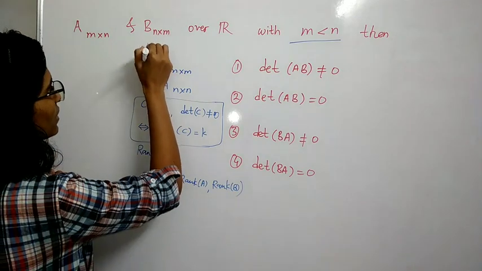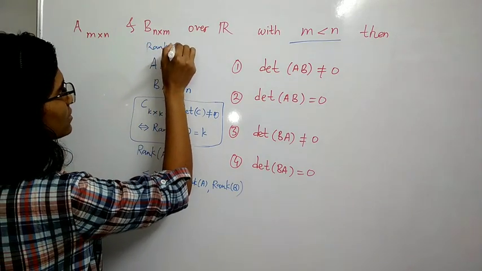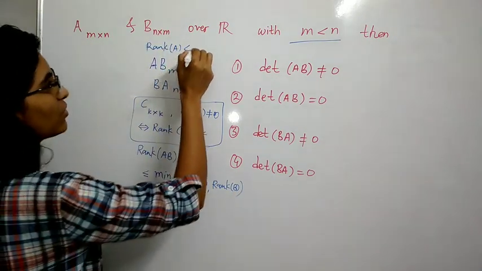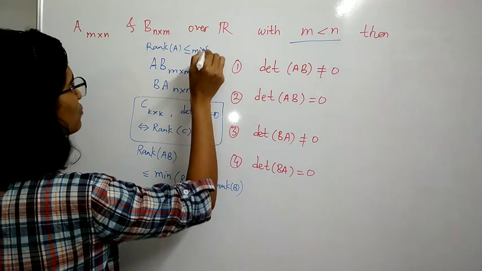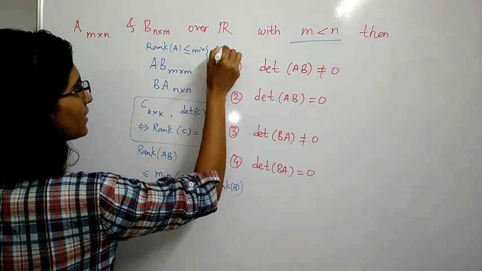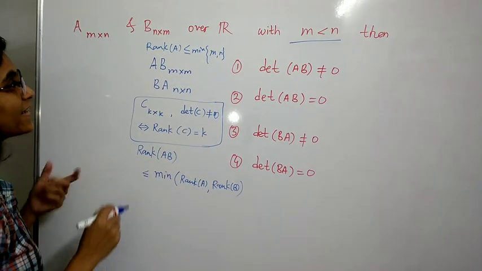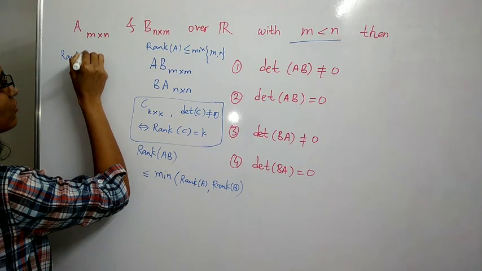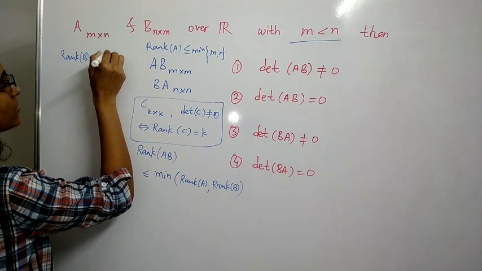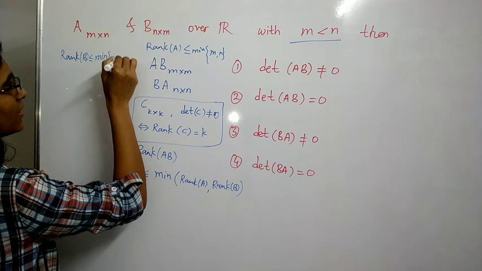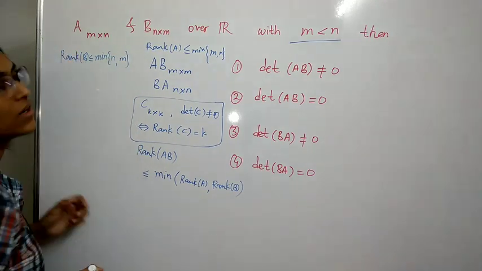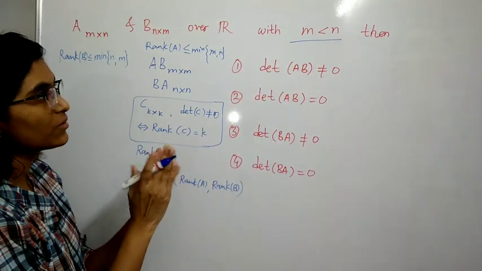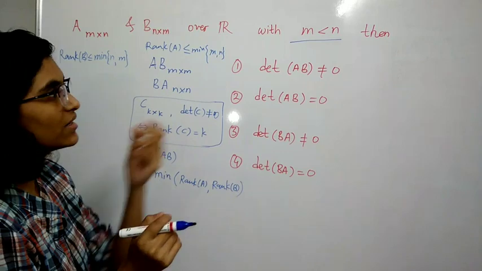So rank of A is less than or equal to the minimum of the two numbers m and n. Similarly rank of B is less than or equal to the minimum of n and m. Now look at this condition, m is strictly less than n, so the minimum of m and n is just m.